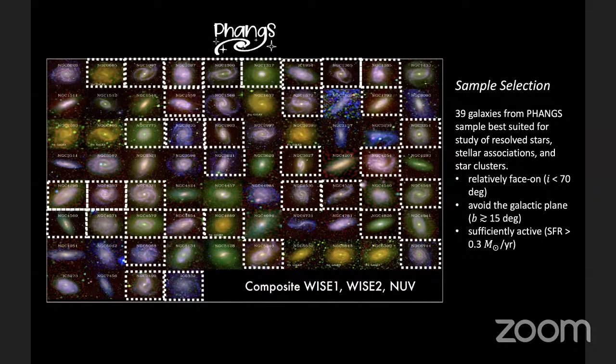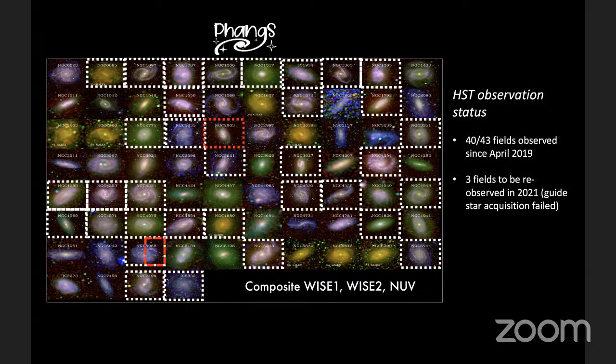For observations with HST, we chose the 39 best suited for study of the resolved stellar populations. What does that mean? We choose the ones that are relatively face-on, avoid the galactic plane, and we also limit the sample to those that are sufficiently active. That means star formation rates greater than 0.3 solar masses per year, meaning star formation rates greater than the Large Magellanic Cloud. And that's to ensure that we have robust GMC populations for joint analysis.